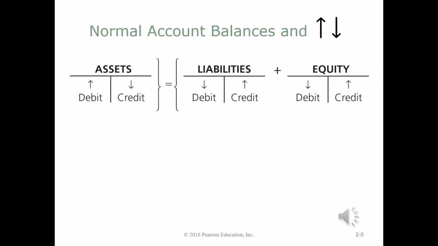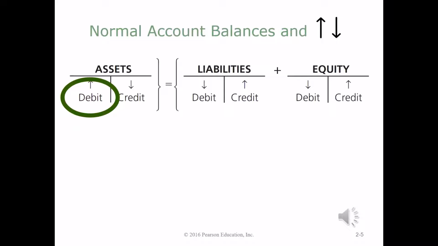How we record increases and decreases to an account is determined by the account type and the normal balance. For any given account, increases are recorded on one side and decreases are recorded on the opposite side. Assets are always increased with a debit and decreased with a credit.